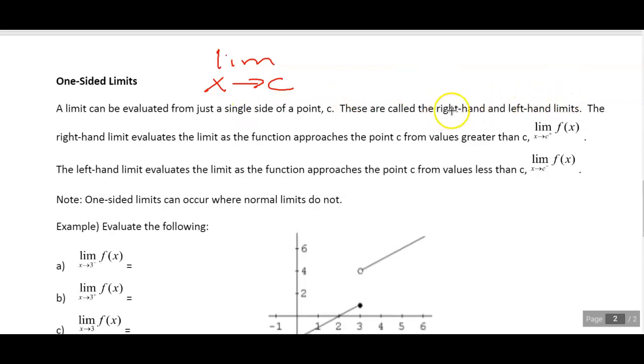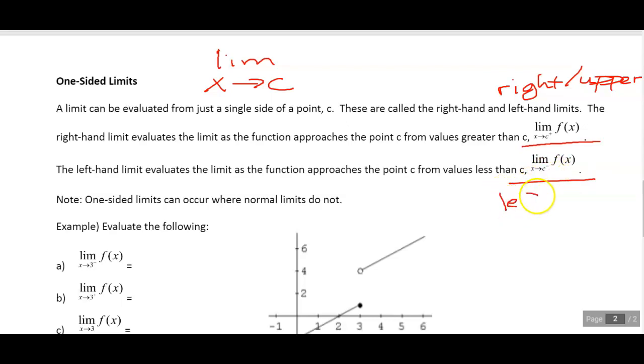So now there's right hand and left hand. In the notation right here, you're going to notice there's your target value of c, and then there's a little plus. That's called the right, or I like to call it the upper, because you're looking at the graph from the right. Down here, if you see your c value and there's a little minus, it doesn't mean negative.